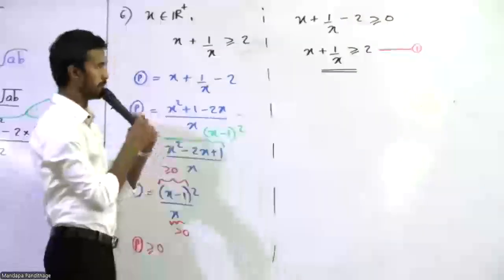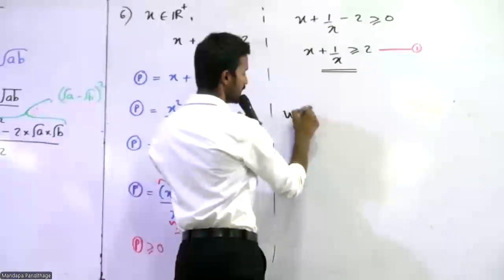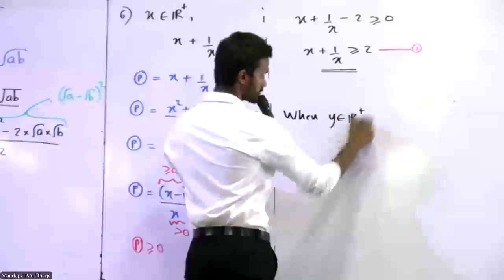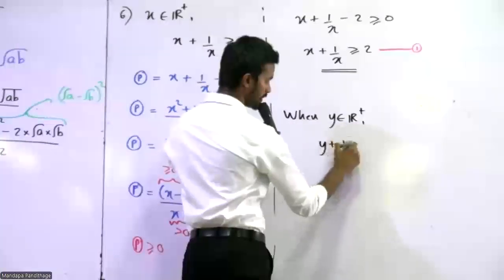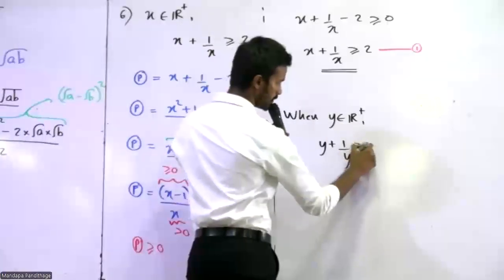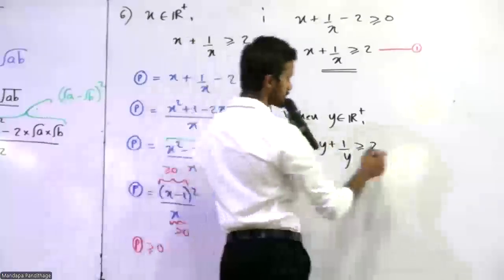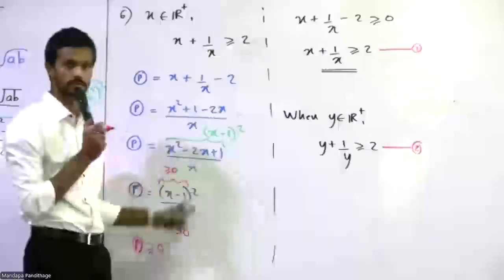If I ask you to prove that when y is a positive number, y plus 1 over y is greater than or equal to 2, do you agree that you have to follow the same steps?